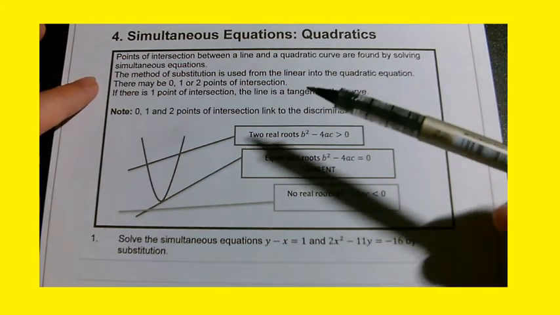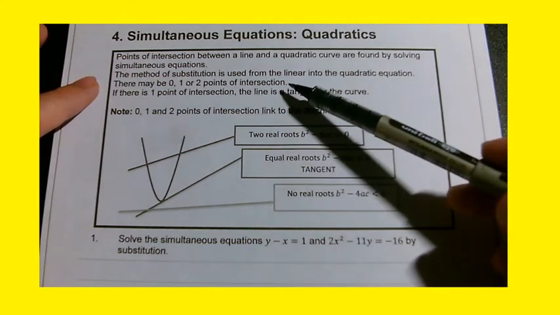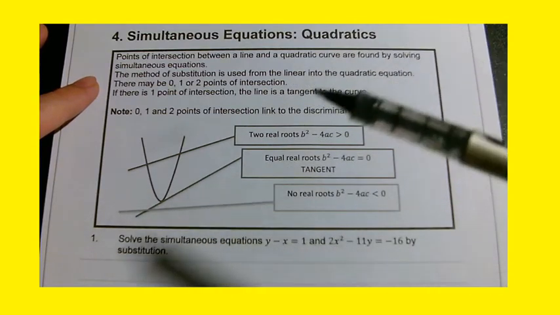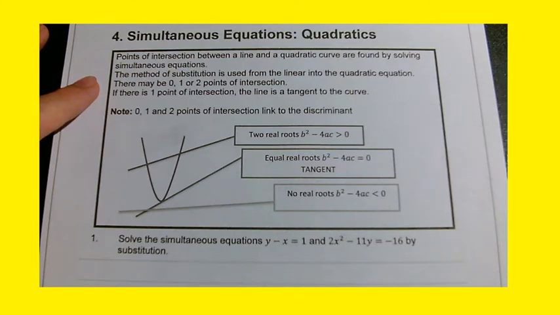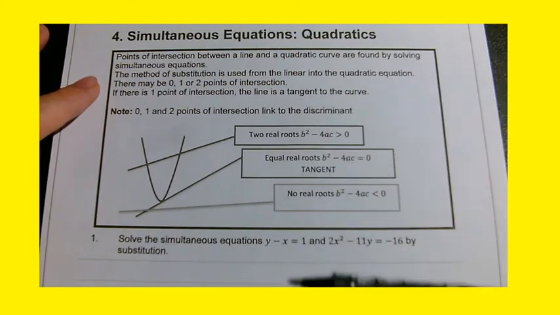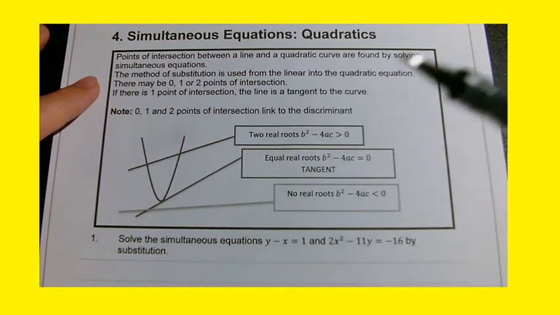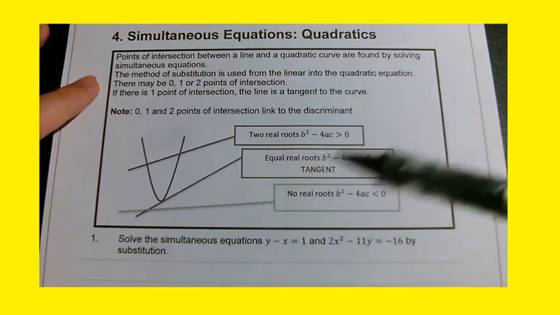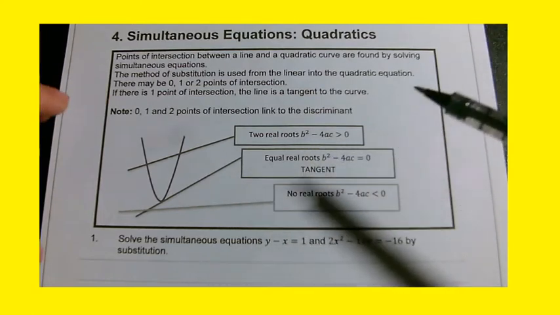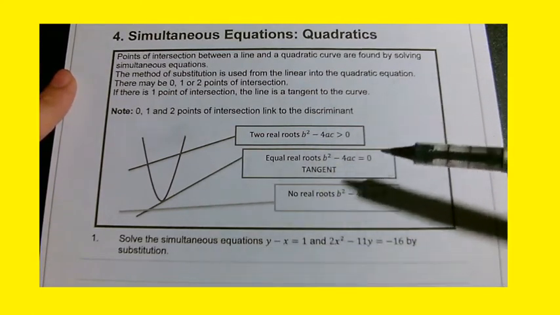However, there may be 0, 1 or 2 points of intersection. So you could have a line intersecting a quadratic once, twice or not at all. And if there's 1 point of intersection, the line is a tangent to the curve. Now, these three cases, 0, 1, 2 points of intersection, there should be some sort of similarity between that and the discriminant in the quadratic section, and in fact there is.